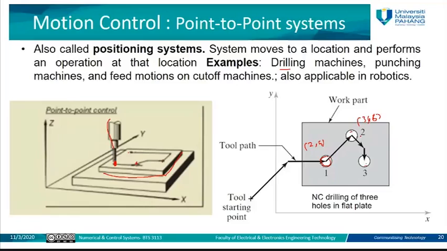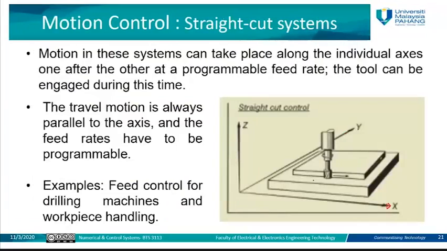But in the second one, the coordinates are only defined on one axis. So we are going to move on the x-axis from point 1 to point 2, point 3, and so on, until we reach the end of this product on the x-axis. Then the machine will move in the other direction on the y-axis and perform the task. So we call this the straight cut system.